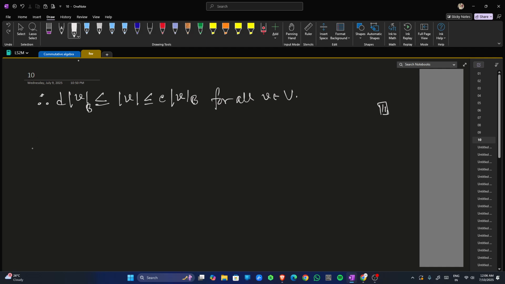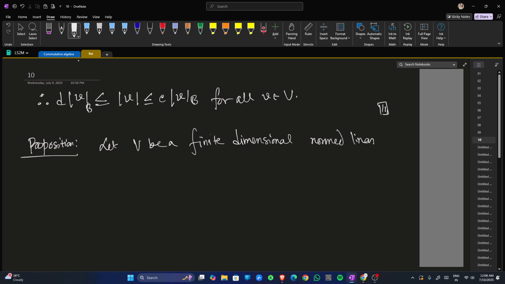Okay, proposition. Let V be a finite dimensional normed linear space and W be any normed linear space.